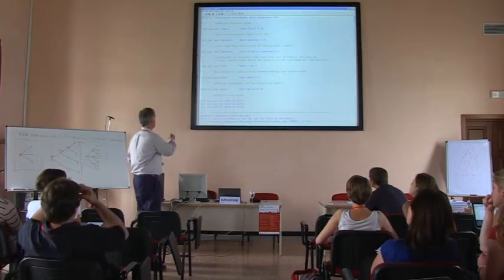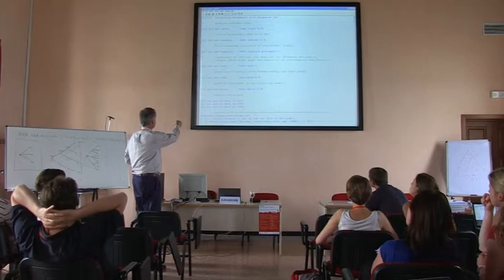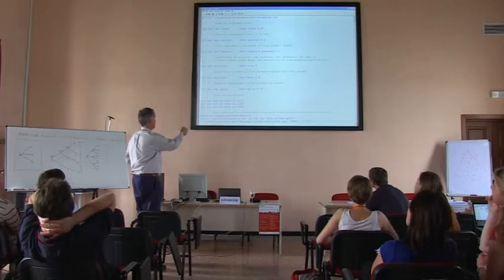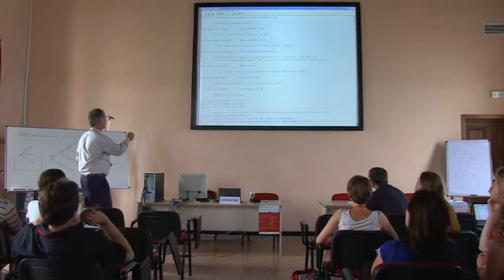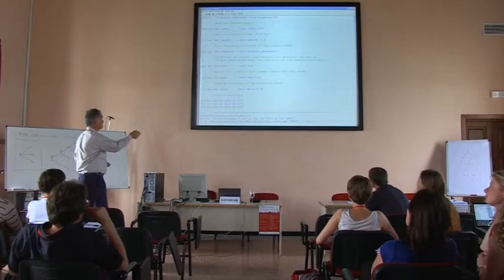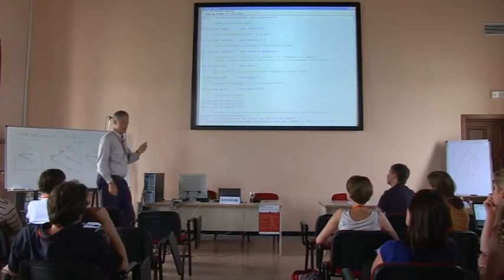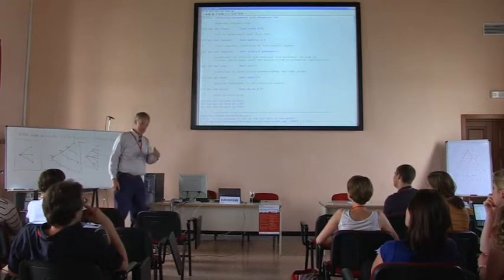So I declare an environment variable called irate and give it a value of 0.05. This syntax says that is the default value for irate, and if it's not set on the invocation, then it gets set there.